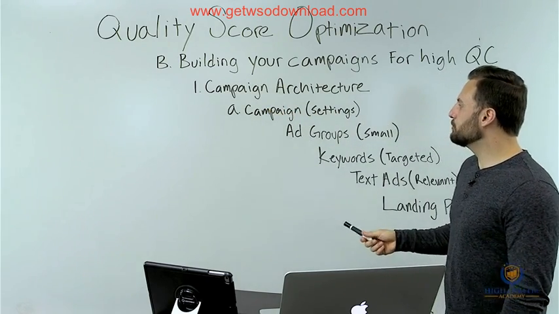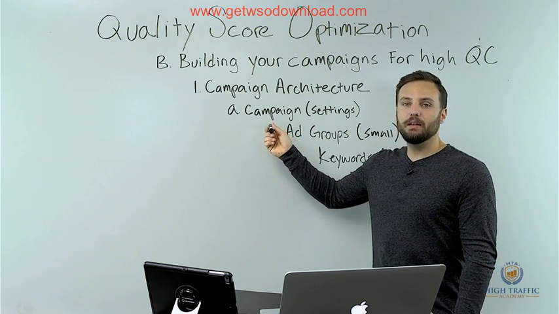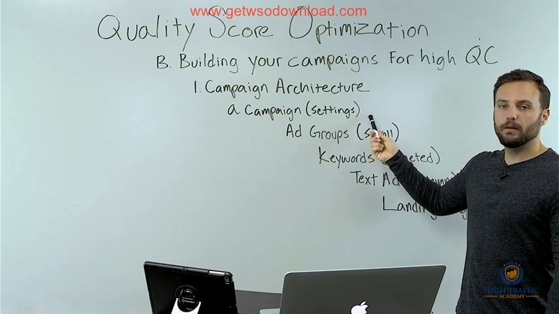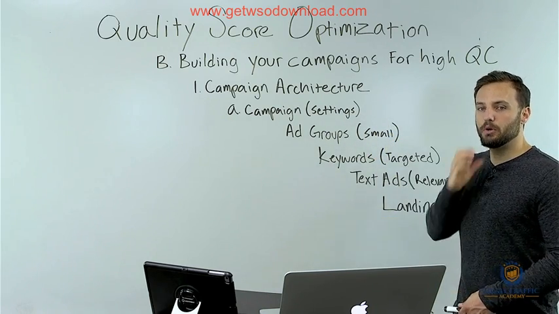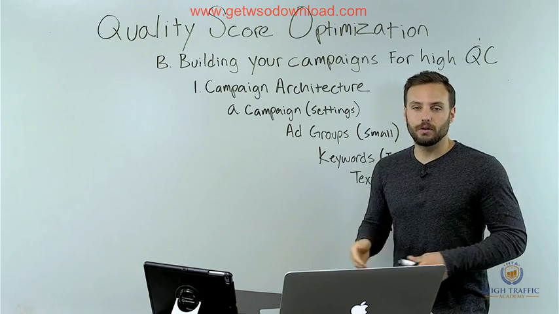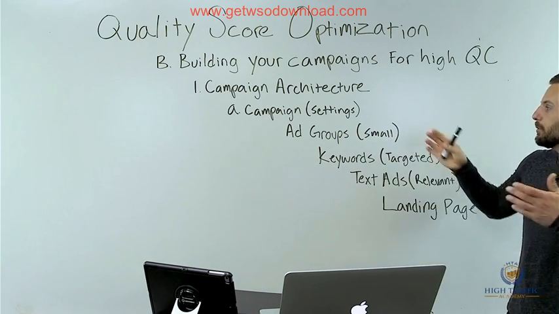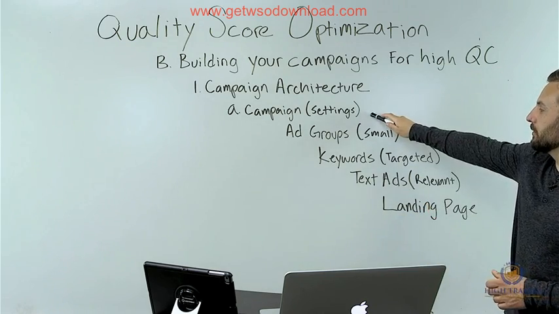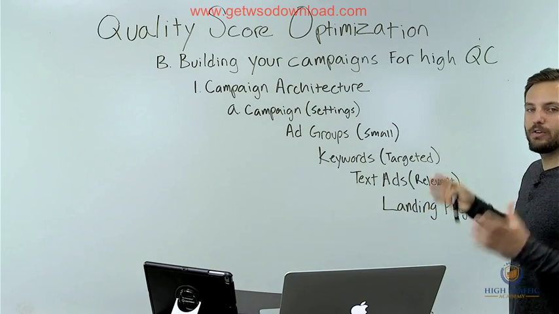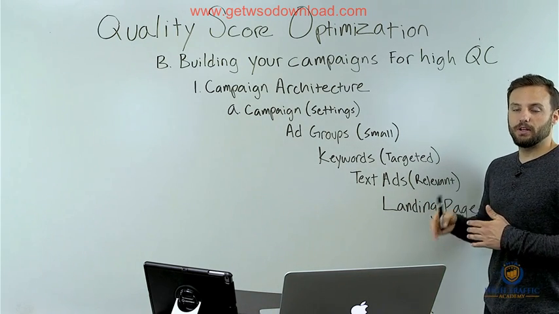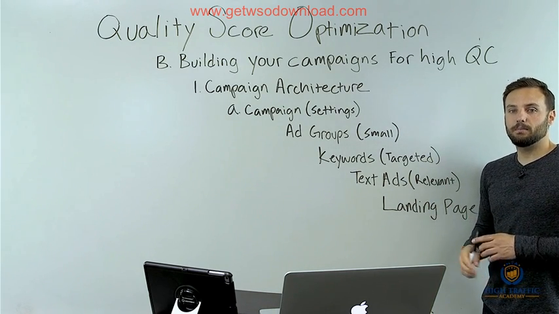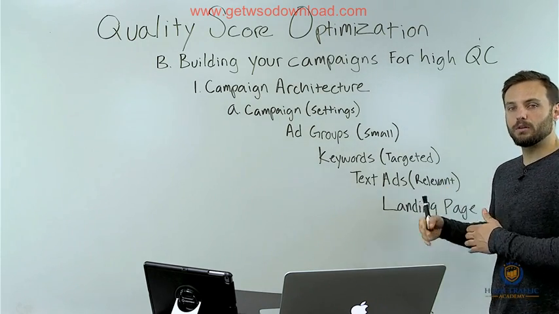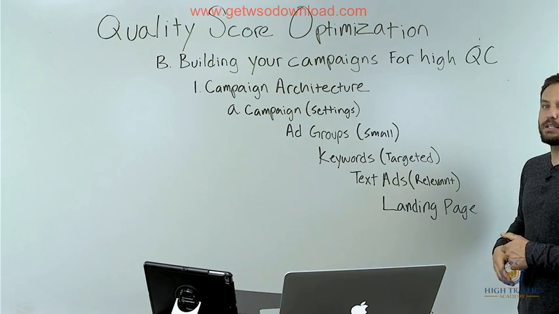Okay, so the first point is your campaign level. You need to make sure that all of your settings are set up appropriately for the campaign that you're building out. This means your geographical location, potentially the mobile bid adjustment assigned to the ad groups in this campaign, your daily budget, everything in your campaign settings, specifically your location targeting, needs to be set up correctly and appropriate for all of the ad groups and subsequent keywords and text ads assigned to each campaign.